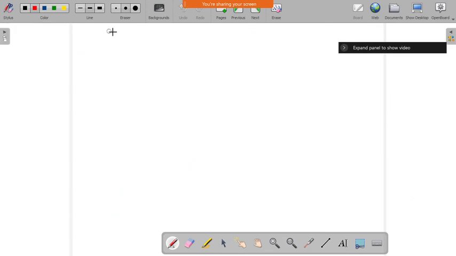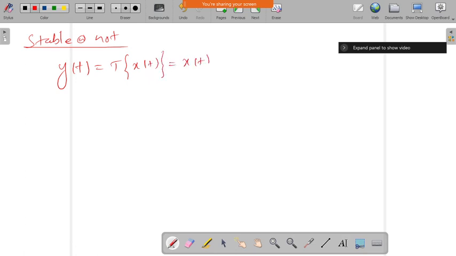So now finally, we have to see whether the system is stable or not. We have y of t equal to x of t into cos omega c t.